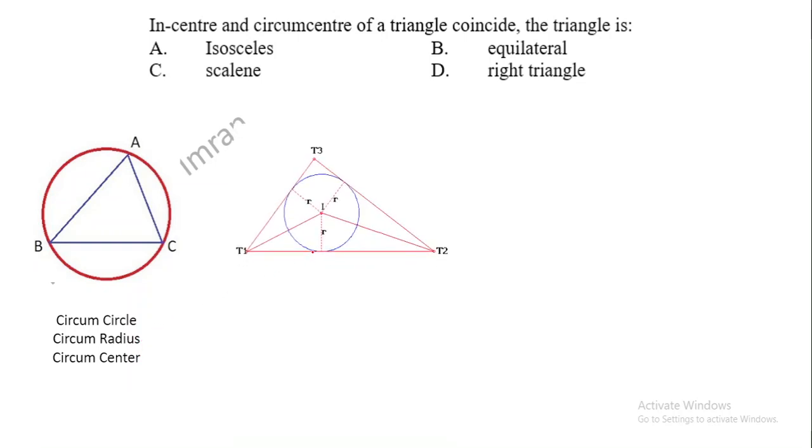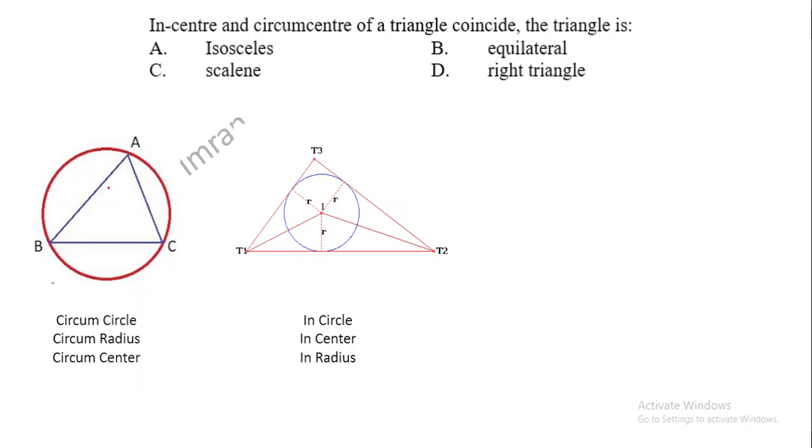When a circle touches the three sides of a triangle, we call this the incircle, because it is inside the triangle, with its incenter and inradius. Now coincide means they have the same center.